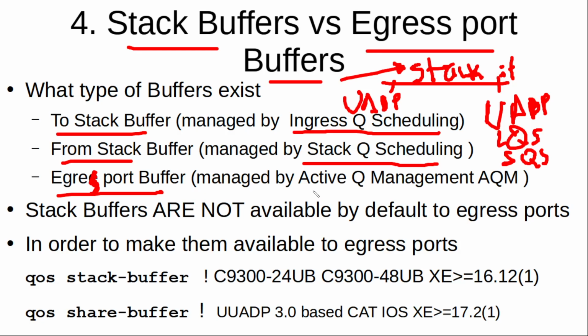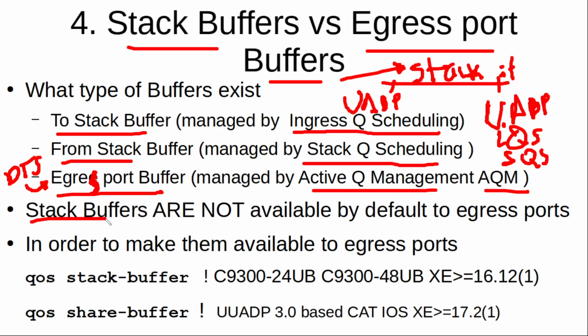These are managed by the Active Queue Management system, or AQM. So we could say that all the buffer terminology that we have been discussing so far with DTS only has access to the egress port buffers. DTS does not have access to the from stack buffer managed by the SQS, or the to stack buffer managed by the IQS.